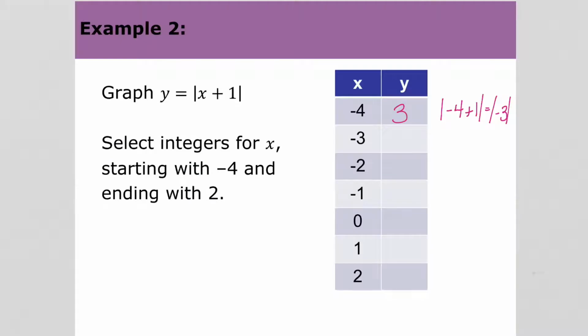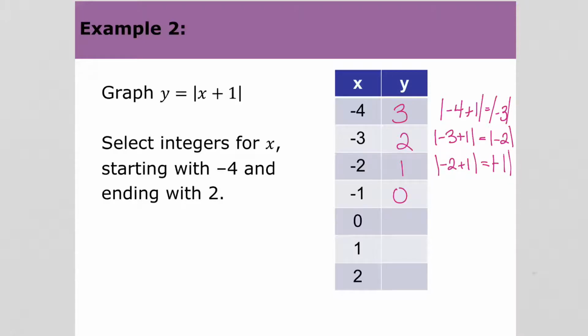Next, the absolute value of -3 plus 1 is the absolute value of -2, which is 2. Let's do one more of these. The absolute value of -2 plus 1 is -1, the absolute value of -1, which is 1. So the absolute value of -1 plus 1 is 0, and the absolute value of 0 is 0.